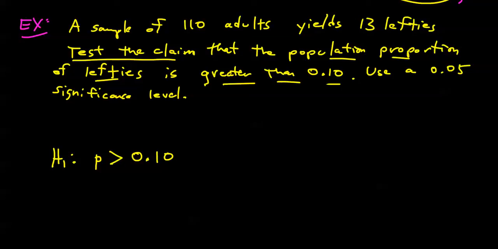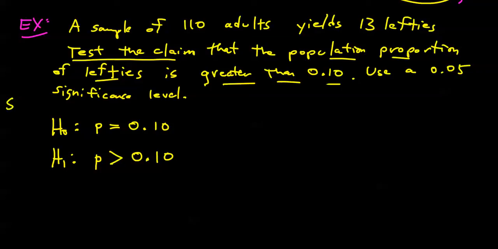Either H1 or H0 is typically given to you in the context of the problem, and you have to unravel it from the words. If H1 is the claim that p is greater than 0.1, then by inference, the null claim H0 is that little p is 0.1.